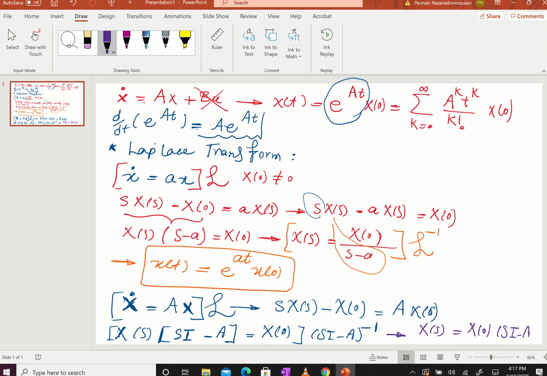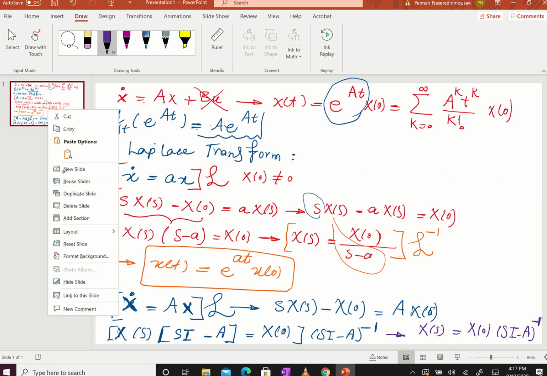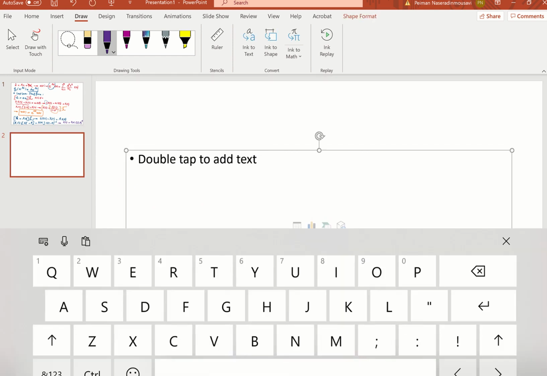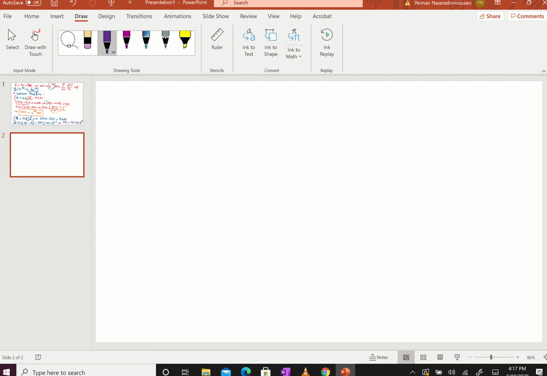Again, this is not useful for us because we want the time solution. So X(s), the vector of state variables, is (sI minus A) inverse x at time 0, and you have to apply again the Laplace inverse. Here we go.